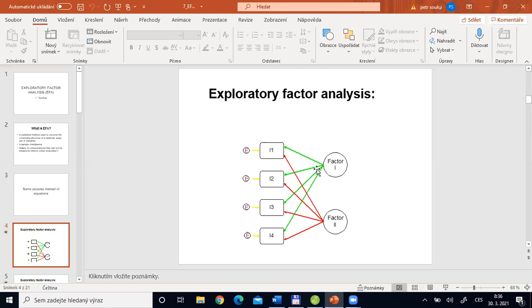So all these lines or relationships create some regression equations, and for every equation there is some random part, some unexplained variance. We usually call these small e's random errors, and they are not observed.